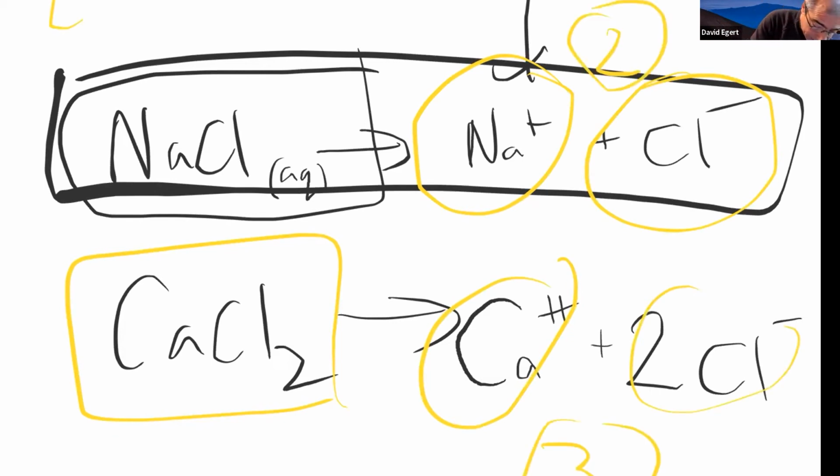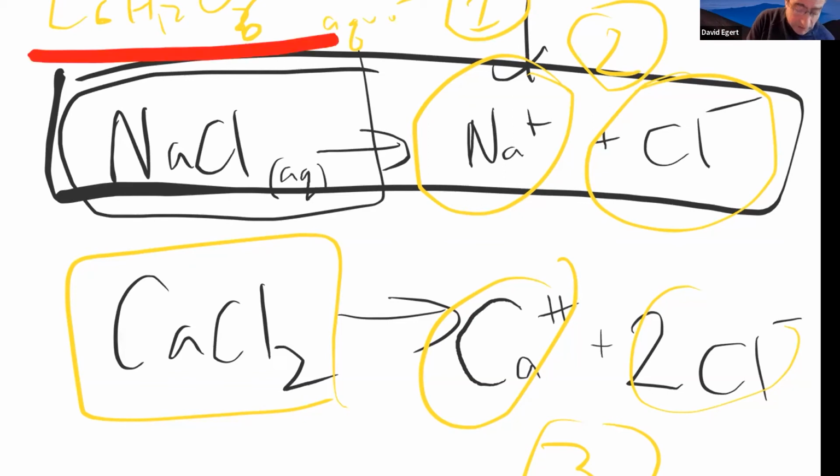How about if I take a sugar, how many particles does a sugar become if I put a sugar molecule into water? 1. It becomes 1 because the sugar doesn't break apart. So when we get into osmolarity, how many actual particles are in the solution that are influencing osmosis, it's going to be super important that you understand for any particular solute: does it not dissociate at all, in which case there's a 1-to-1 proportion between molecules and particles?